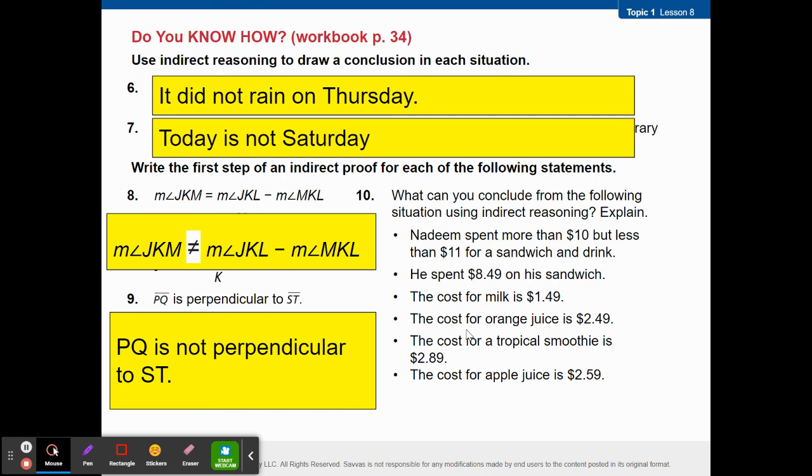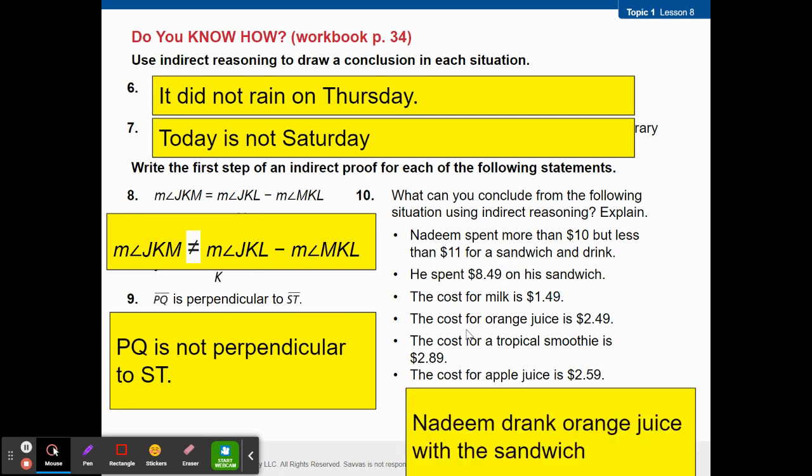What can we conclude here? He definitely didn't buy those two, but what did he buy? Orange juice. Nadim drank orange juice with the sandwich. Questions on this?